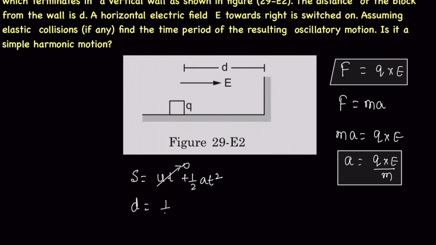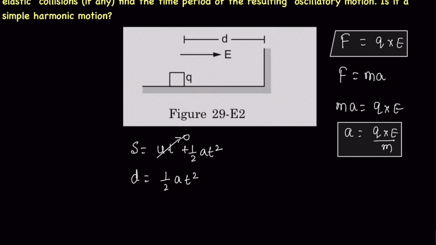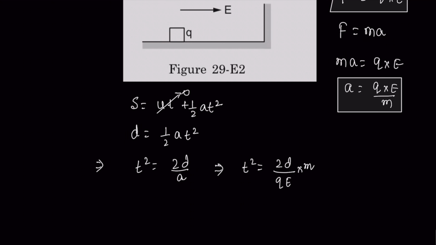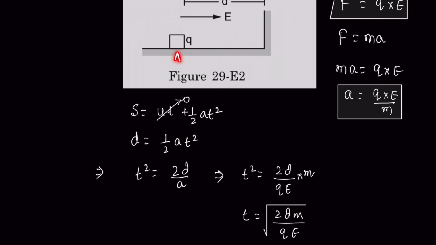So d is equal to half into a into t square, so t square is 2d by a. If we substitute the value of a that we previously got, t square is equal to 2d m by qE. So t is equal to the square root of 2dm by qE. This is the time from A to B.